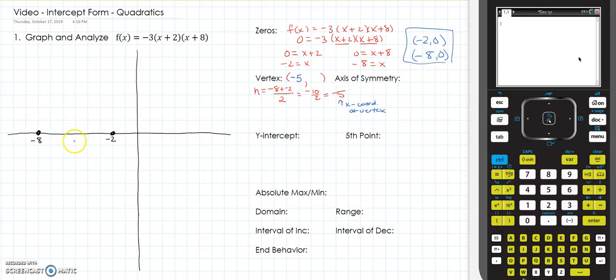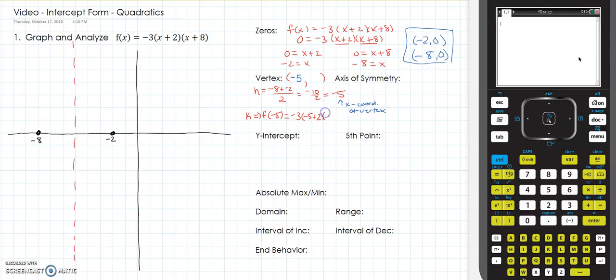So we can put -5 in here, and let's see, 3, 4, 5, there's our axis of symmetry. We know it's going to be at -5, but we don't know where to put the other dot. So we have to use that number. We use -5 and plug that into the original function. The -3 is still going to be there.